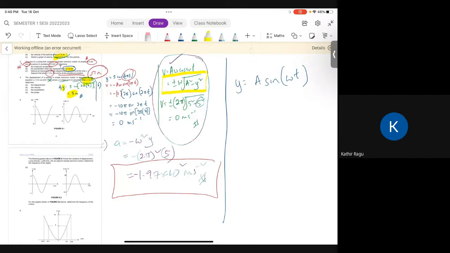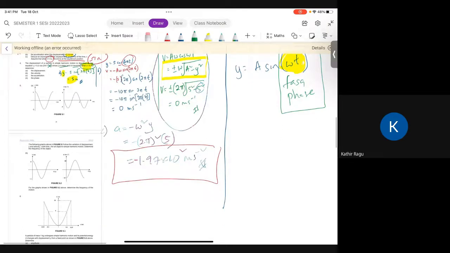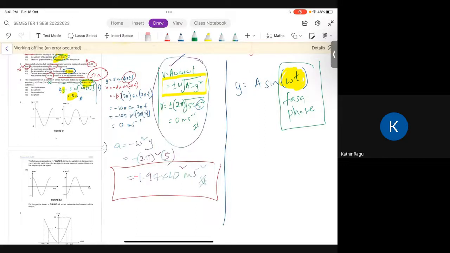Omega T. Ya, phase ni yang dalam bracket ni. Ini phase. Bahasa Melayu dia fasa. So phase adalah dalam bracket omega T. Okay, dalam case you, omega T you adalah, so phase, tulis je. Phase equals to 2 pi T. Yang saya ambil tu lah 2 pi T tu.